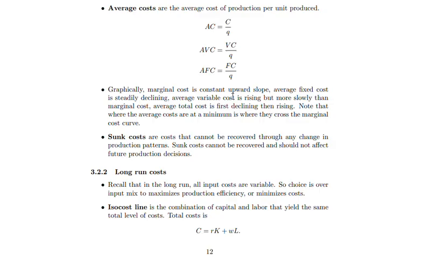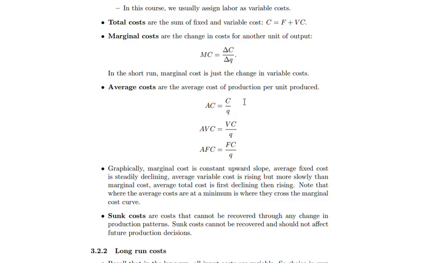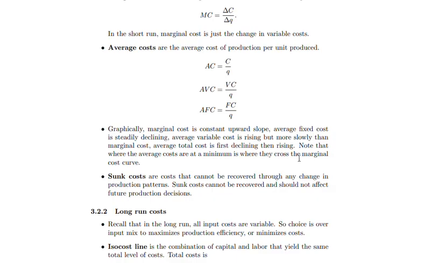because marginal cost also contains fixed cost. Average total cost is first declining, then rising.